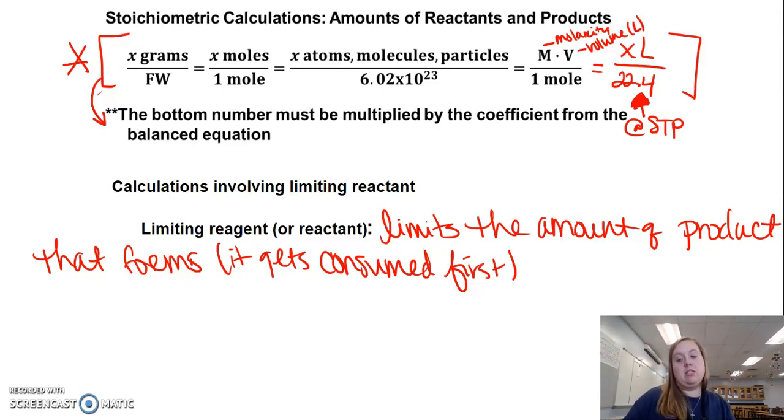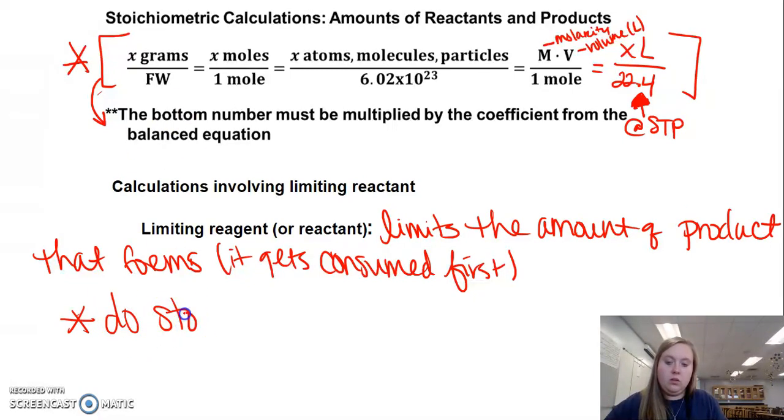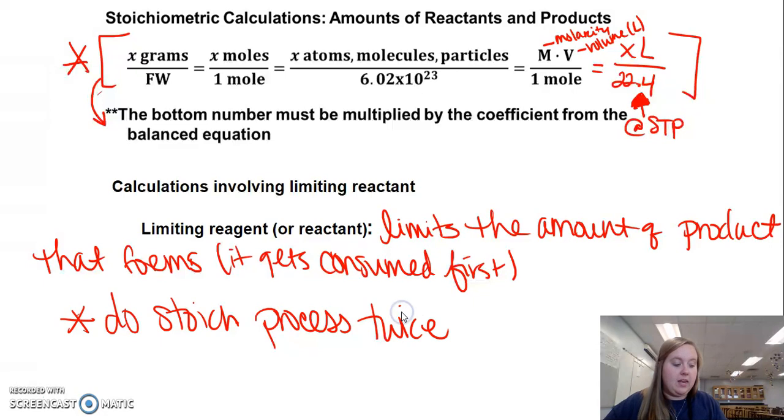The cheese would be my limiting reactant because it limits the amount of grilled cheese sandwiches I make, assuming it gets used up first. And as a reminder, when you're approaching limiting reactant questions, you need to do the stoichiometry process twice. And then you choose the smaller amount, and that's your limiting reactant.